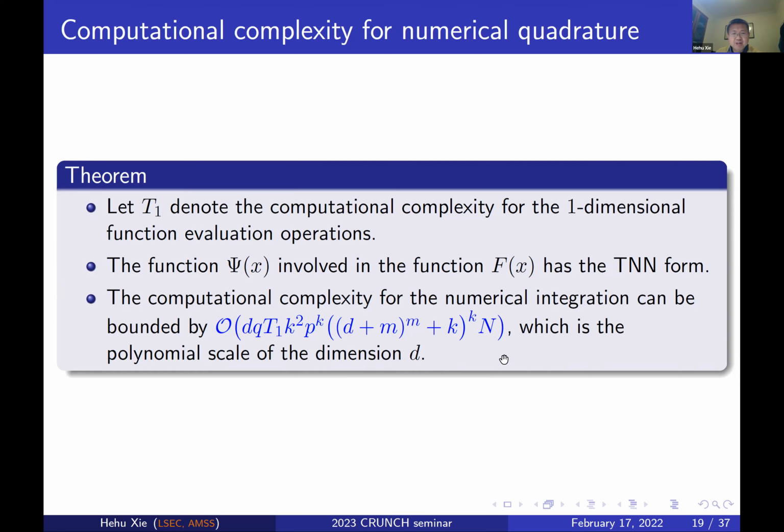From here we can find that this is a polynomial scale of the dimension, here's D, and here's D. For example, for the second order elliptic problem, m equals 1. So this is actually quadratic in the dimension.